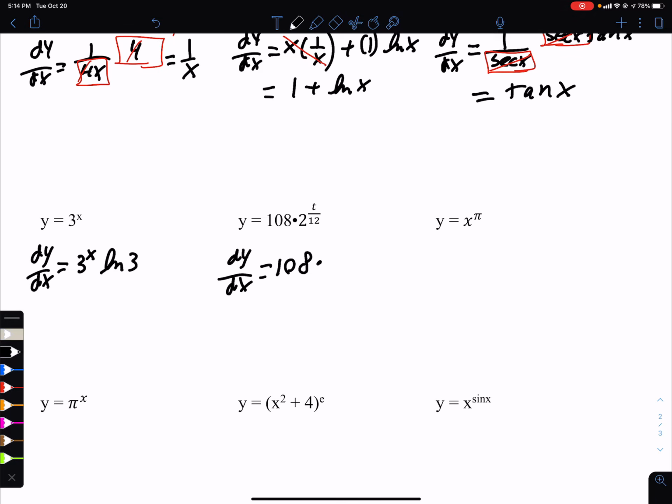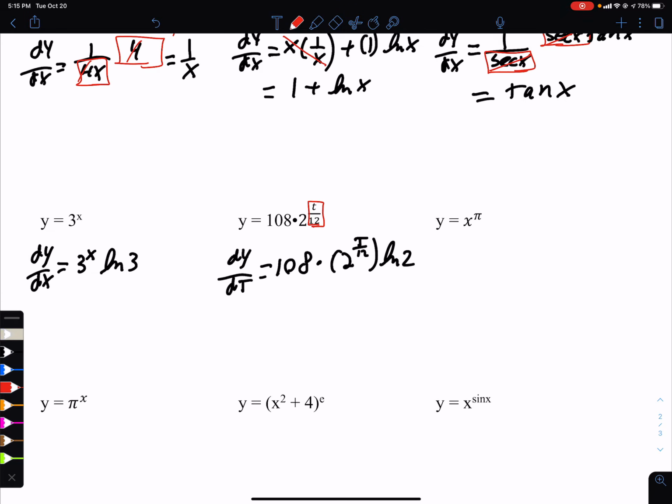I am my own grandpa ln of the base, but this was 2 to the box. So we had something different. It wasn't 2 to the x, it was 2 to the box. And I used the wrong variable. It's t, not x. Watch out.